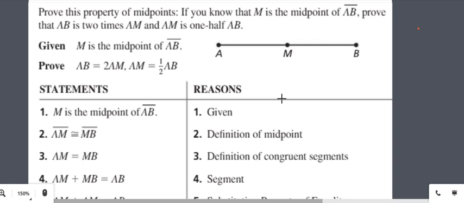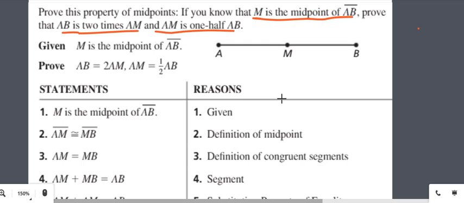Let me explain this to you. The question is, prove this property of midpoints. If you know that M is the midpoint, which is given to us, of the line segment AB, prove that AB is 2 times AM and AM is 1/2 of AB. So this is what we have to prove.